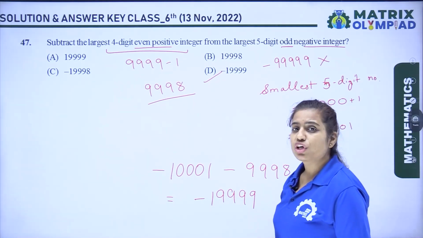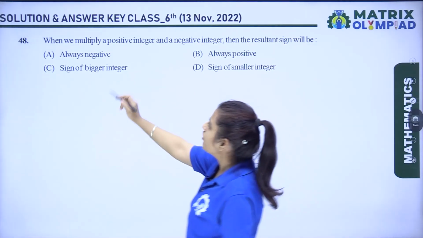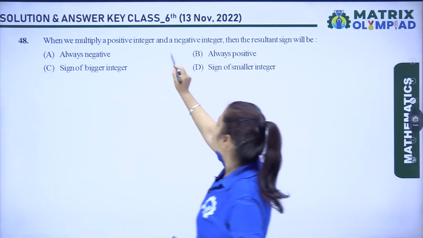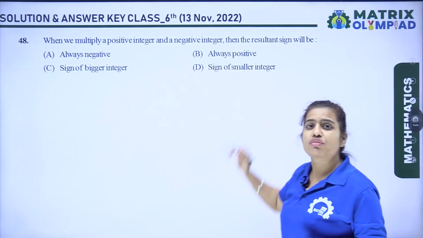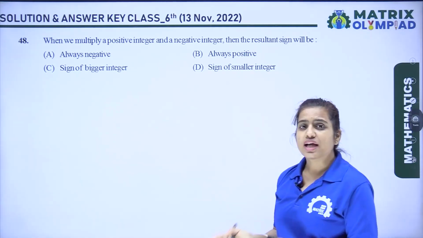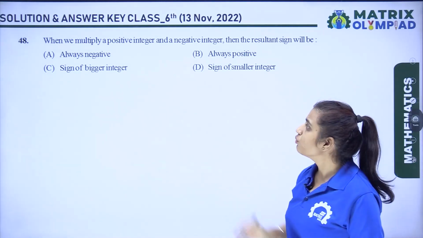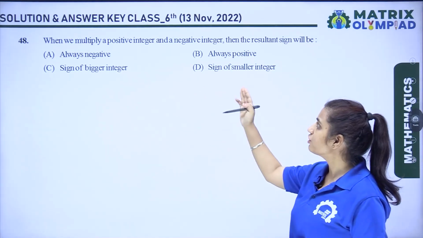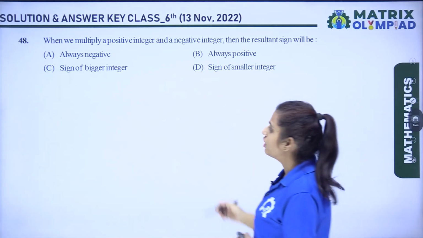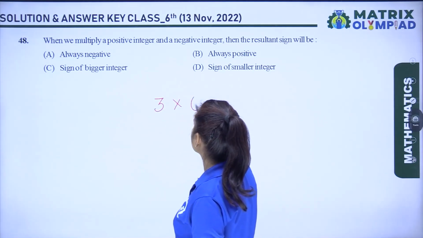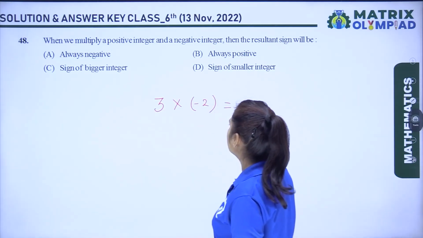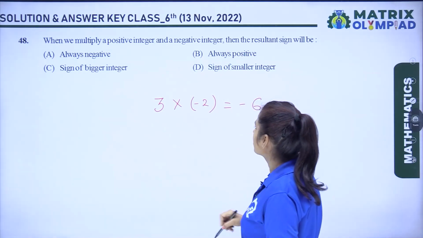Now, let's move on to the next question. When we multiply a positive integer and a negative integer, then the resultant sign will be. Now, we have to find out the sign of the resultant when we multiply a positive integer and a negative integer. Now, let's take an example, that is 3 multiplied by negative 2, that will give us negative 6.